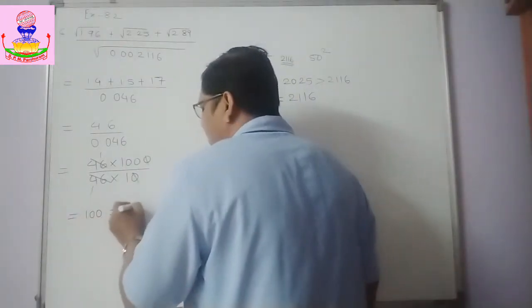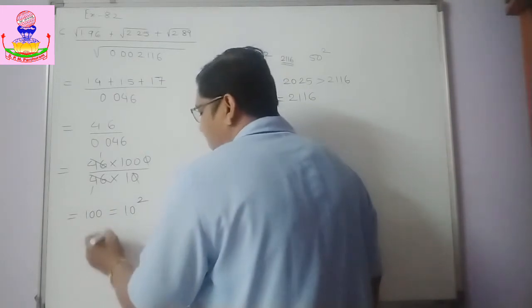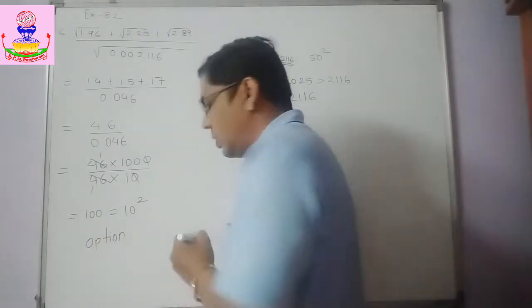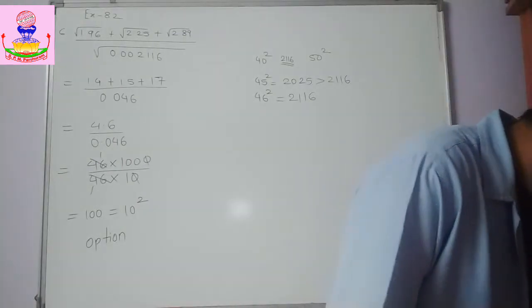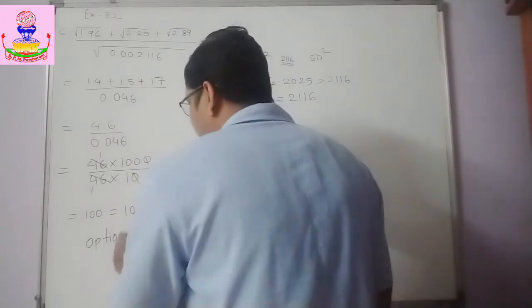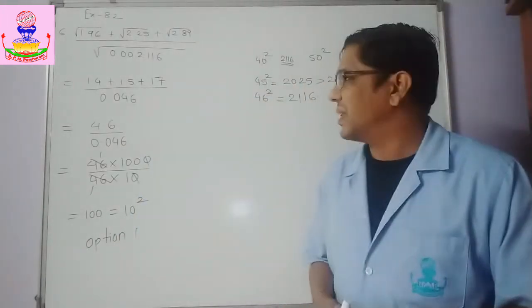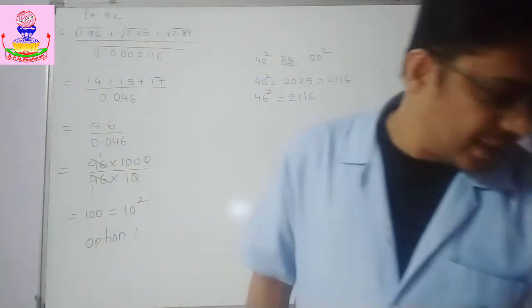So 100 means 10 squared. The correct option is 10 squared, the first option. This was asked in 2017. So this is what the example is.